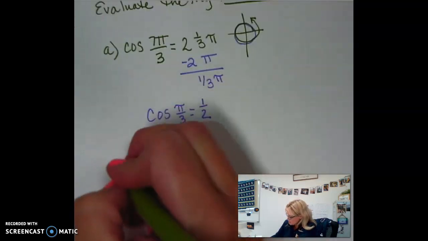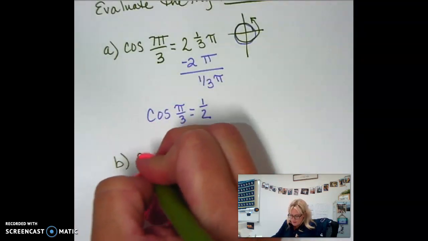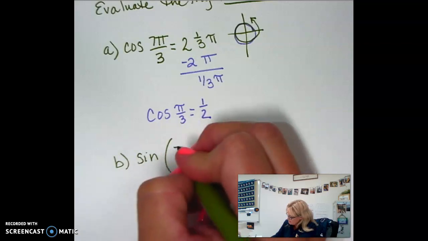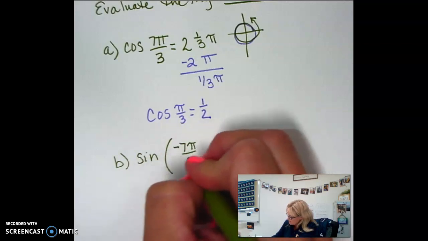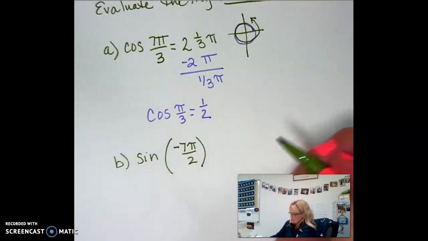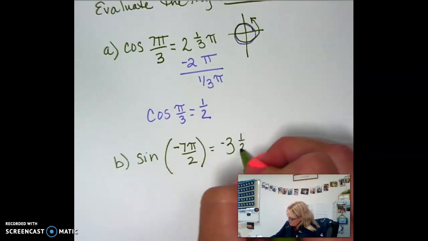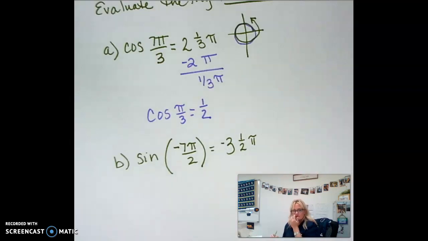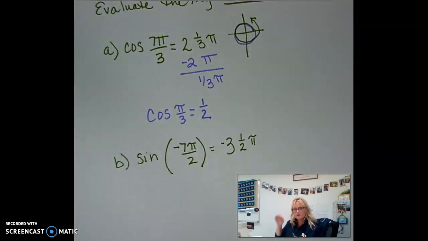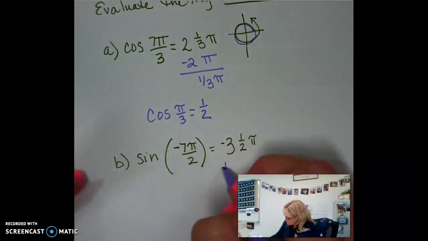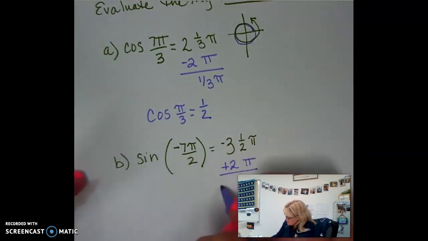All right, let's try another one. Find the sine of -7/2 pi. Well, again, this is the same as -3 and 1/2 pi. Well, I can't find that within 2 pi. First of all, I have to add 2 pi, but I'm still negative.